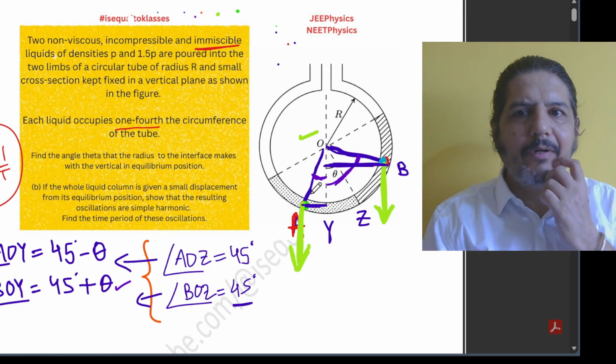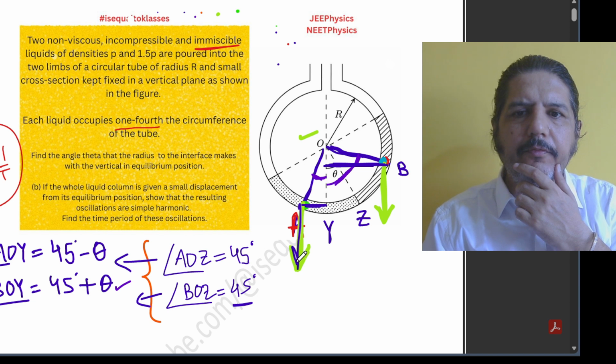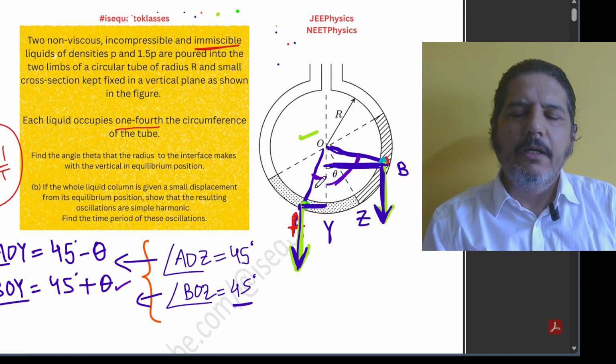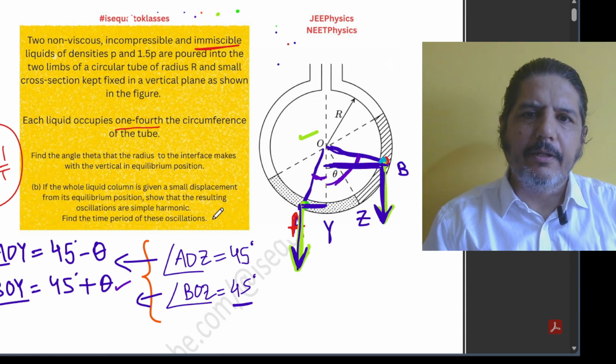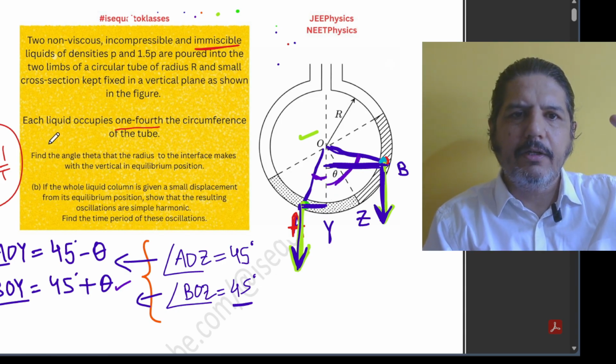So to calculate the torque, what we will be required to do is multiply this weight by this distance, and for this multiply this weight by this distance. I hope this is making sense. Once it is in equilibrium, that is where we will calculate this angle theta.